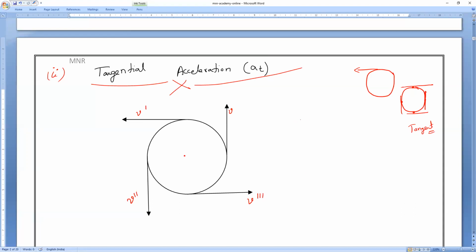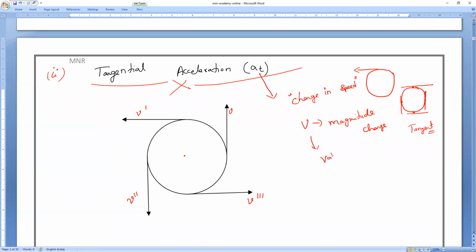So is the magnitude constant or does it vary? It varies. Keep in mind, tangential acceleration means change in speed, not a change in velocity direction. The magnitude of velocity is changing. That is what we call tangential acceleration.